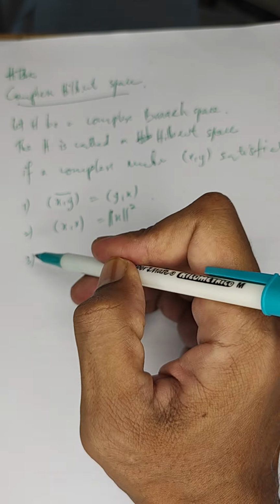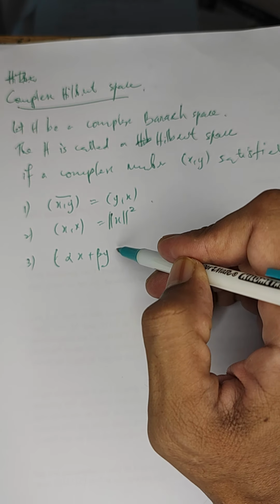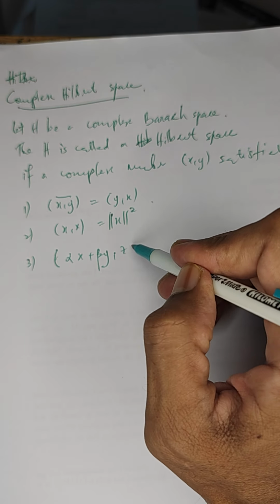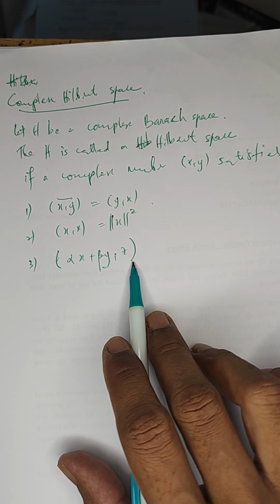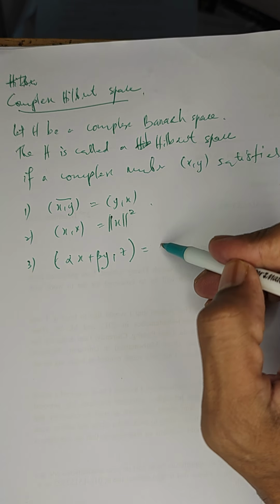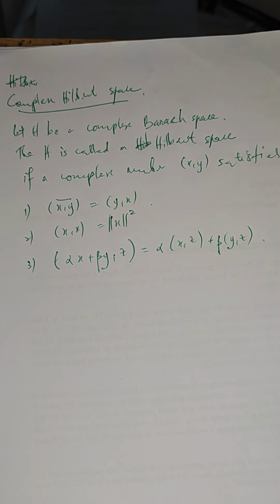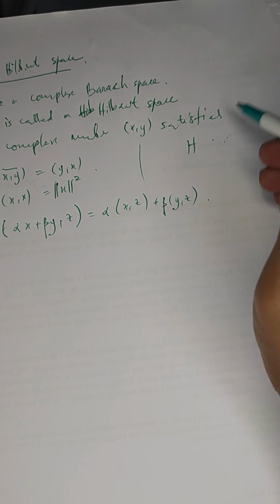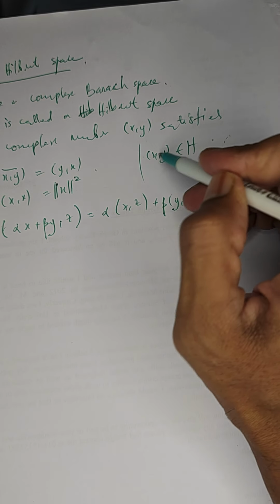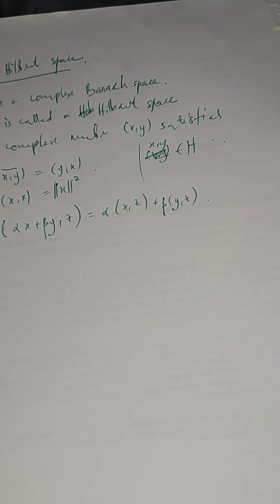And number three, the inner product of alpha x plus beta y with z is equal to alpha (x, z) plus beta (y, z). So if you consider any set H, and we take any members x, y of that set, and the inner product satisfies those three conditions, then we call that set a Hilbert space.